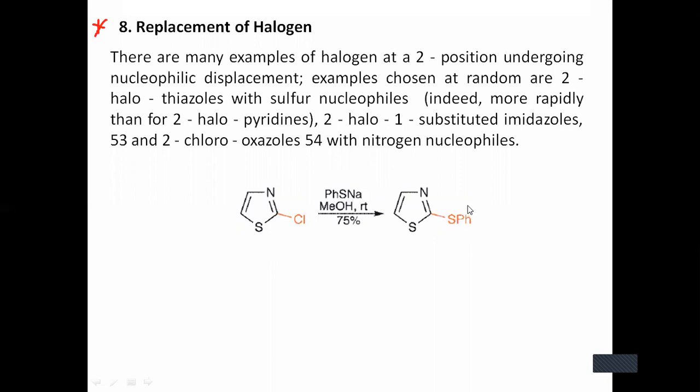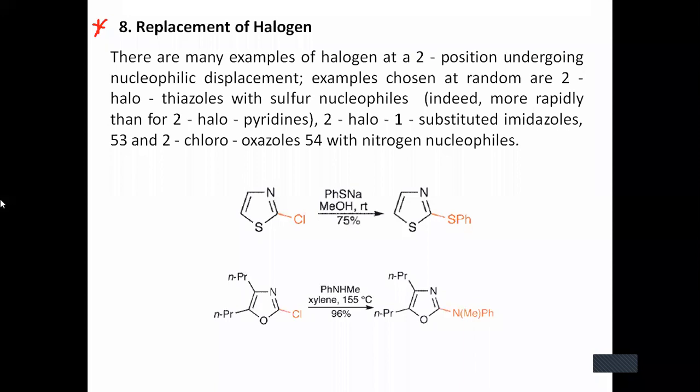Similarly, if you take oxazole with chlorine or bromine, any halogen atom, at the two position, and react with a strong nucleophile like nitrogen, heating is required. This nitrogen lone pair attacks here, and chlorine will be replaced.